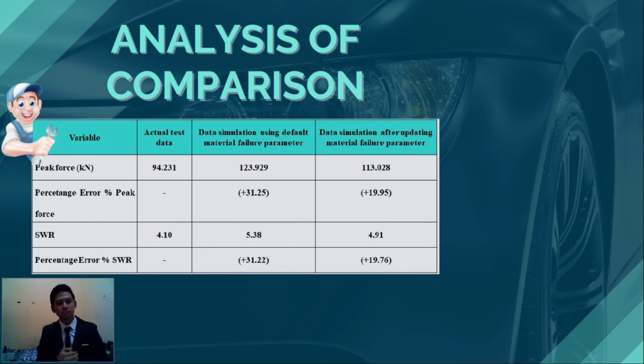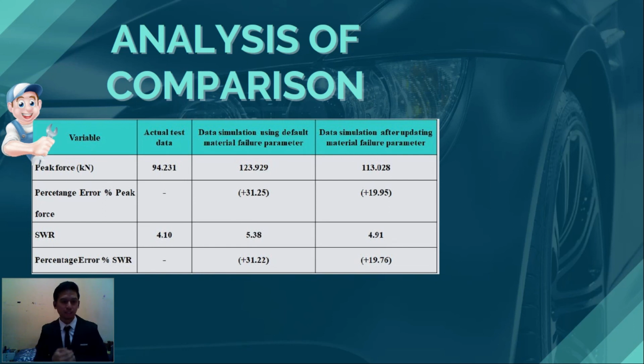You can see the percentage error for the default parameter and after I change the material failure is quite a big difference. And actually after I update the material failure, it gets better data.